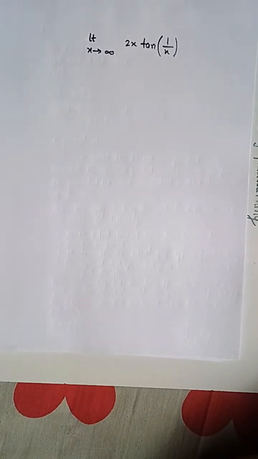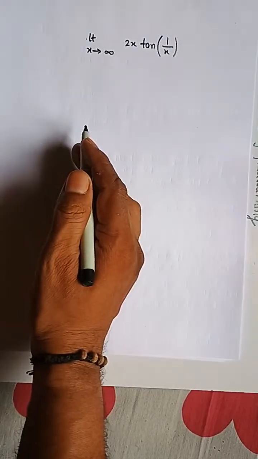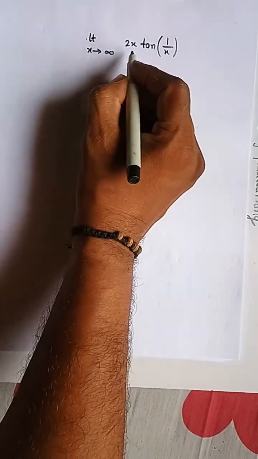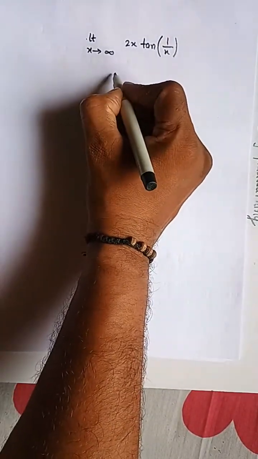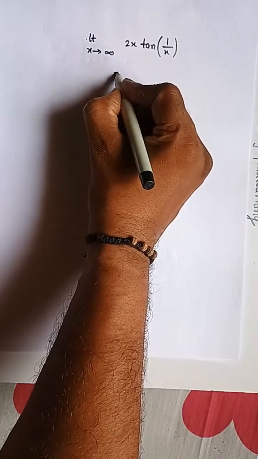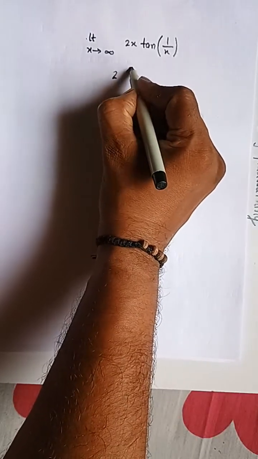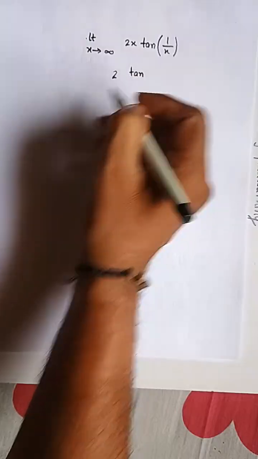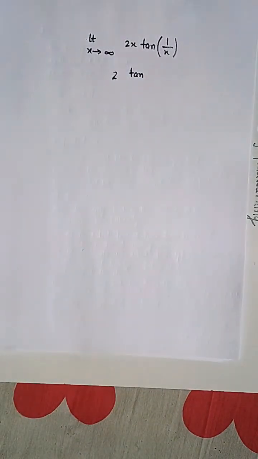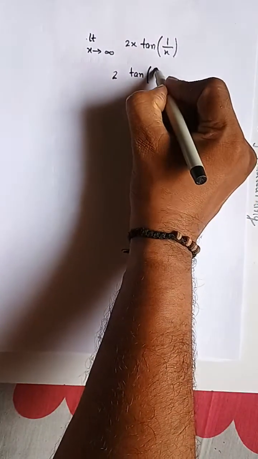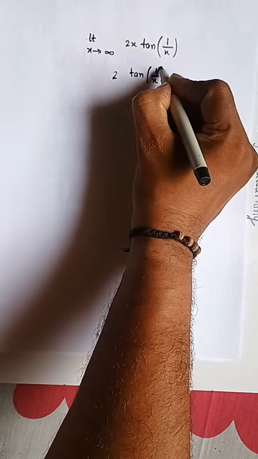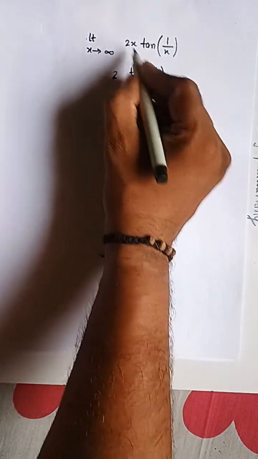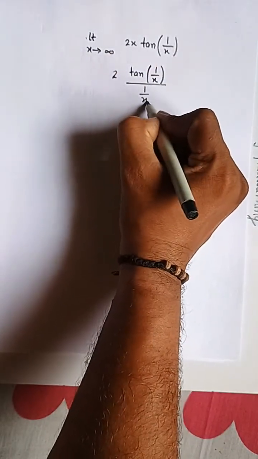So this is what we should have, I can write this one as 2, then tan, then 1 by x, so here 1 upon x, and this x can be written as 1 by x.